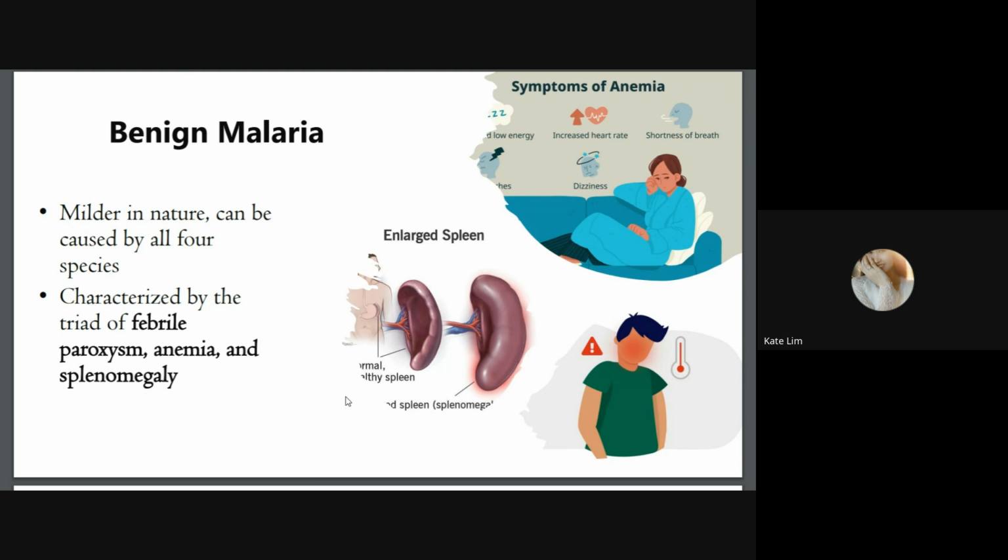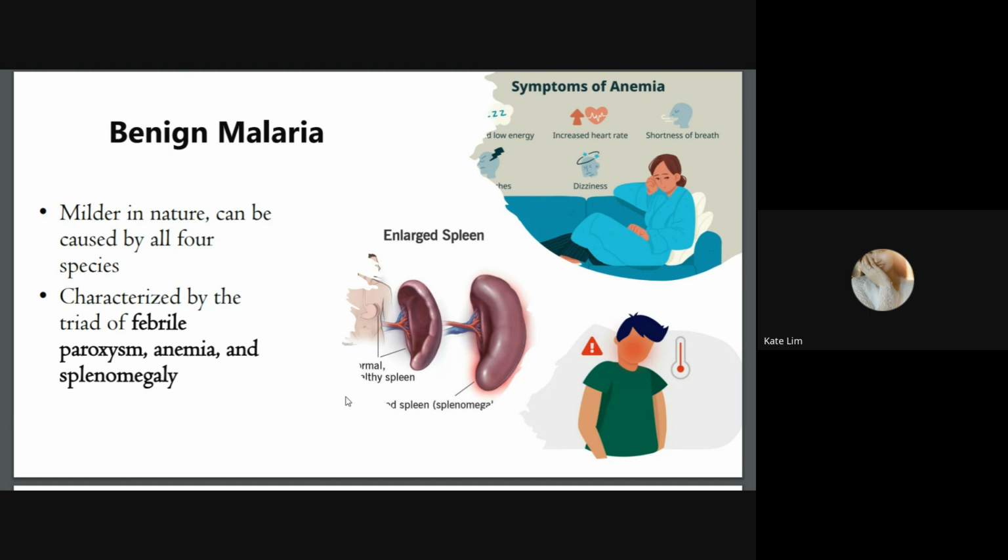Okay, so next here is the paroxysms, what we call fever spikes. This usually happens in malaria. These paroxysms are like a roller coaster of fever, chills, and sweating. If you remember, we have phases of your paroxysms: the hot stage, the cold stage, and the sweating stage.